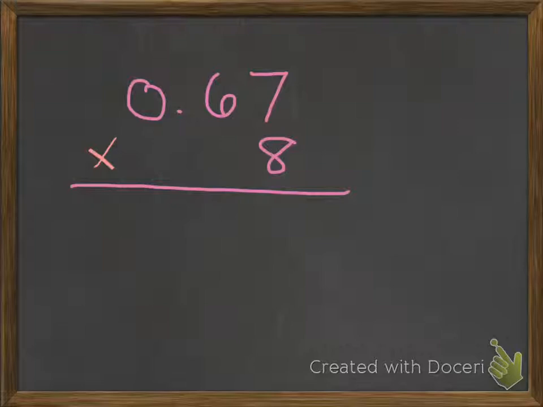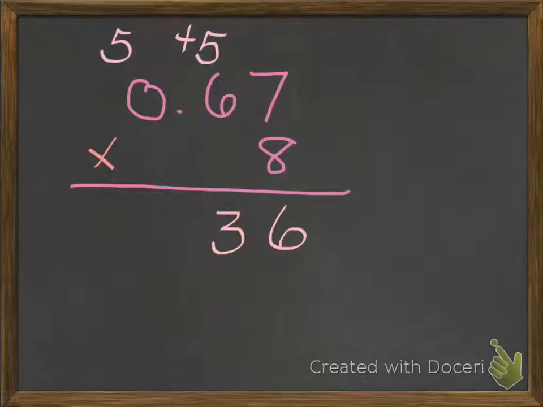Let's multiply. 8 times 7 is 56. Carry the 5. 8 times 6 is 48, plus 5 more is 53. 8 times 0 is 0, plus 5 is 5. And then there are 2 digits after the decimal point, so we put that decimal point 2 places over, and our answer is 5.36.